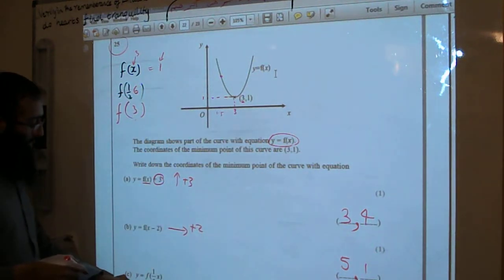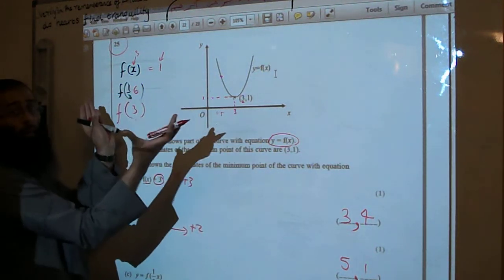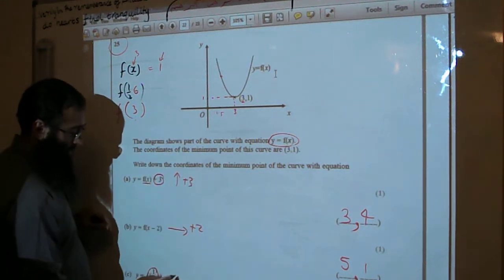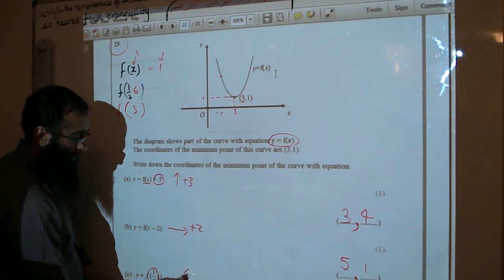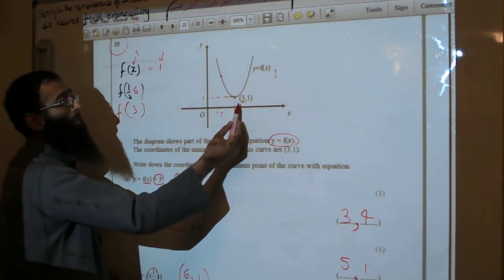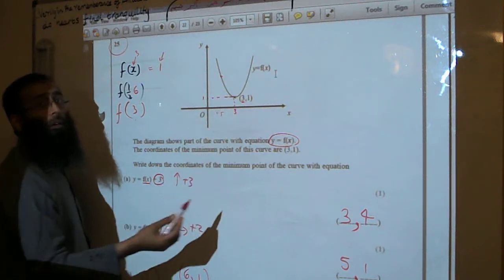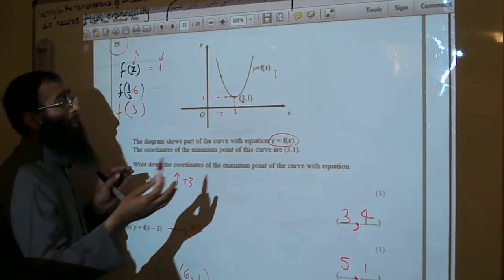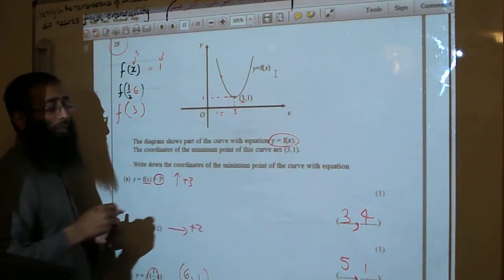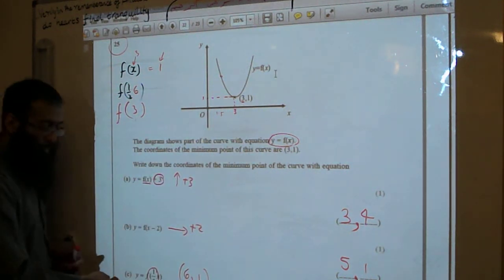So y equals f of half x basically means the graph will be spread out, and that will stay as the minimum point. So for that one it is going to be (6, 1). The height will stay the same, but to generate the same minimum point, we need to put in a corresponding value of 6. So it shifts across to 6. So that's the answer for part C.